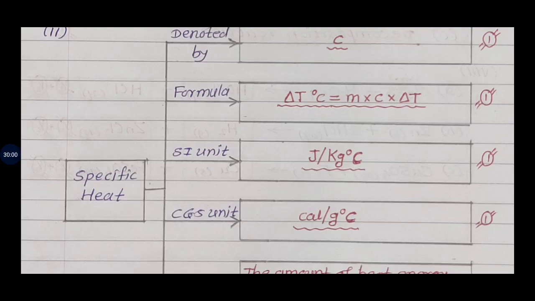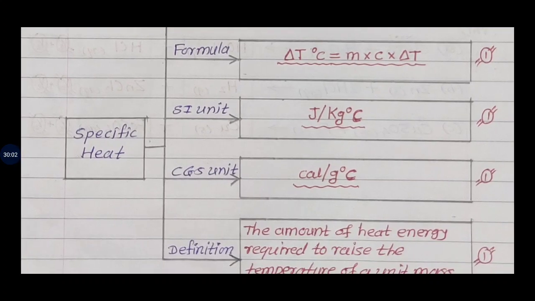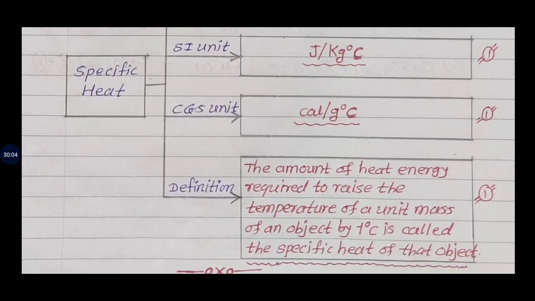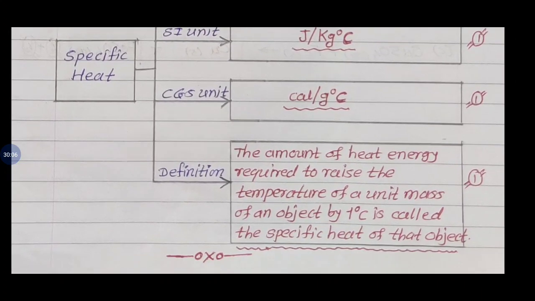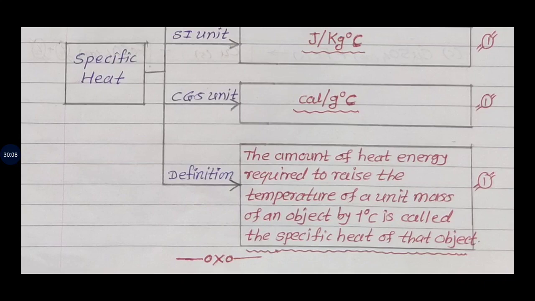CGS unit is calorie per gram degree Celsius, 1 more mark. And last one, write down the definition. So what is the definition of specific heat? The amount of heat energy required to raise the temperature of a unit mass of an object by 1 degree Celsius is called the specific heat of that object.